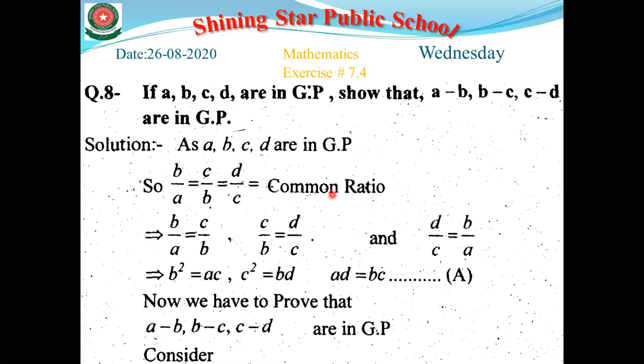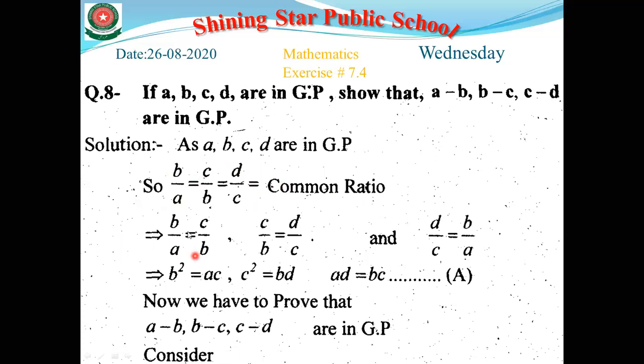So we know that when these numbers are in GP, they have some common ratio. Means if we divide B over A, it is equal to C over B and it is equal to D over C. So we find the common ratio B over A equal to C over B equal to D over C. These all must be equal. So these are the common ratio.